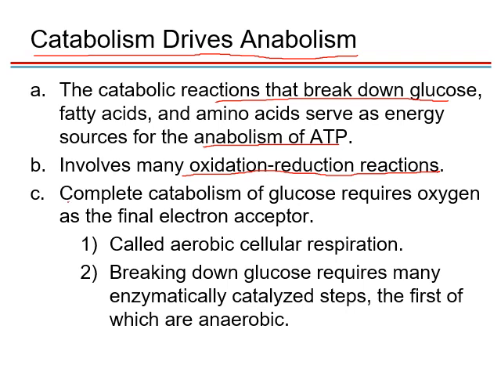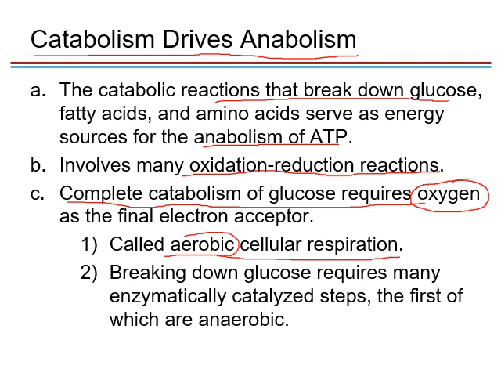We're going to start talking about our breakdown of glucose, and we'll see the complete breakdown of glucose is going to require our friend oxygen. When we are using oxygen, we are doing what we call aerobic cellular respiration. Aerobic means with oxygen.